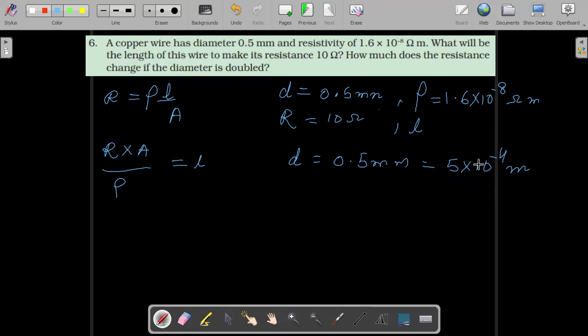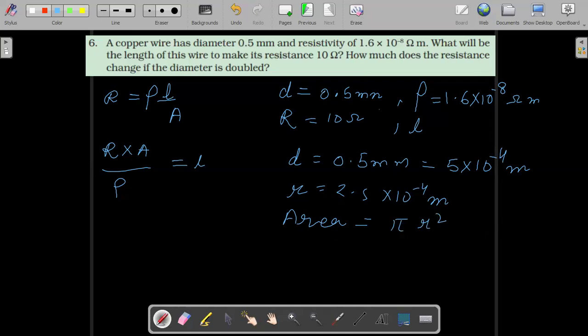No, sir. So now we can obtain the radius. The radius of the given wire would be 5 over 2, that is 2.5 multiplied by 10 to the power minus 4 meter. Since the cross-section of the wire is a circle, you can find the area by the formula pi r squared.